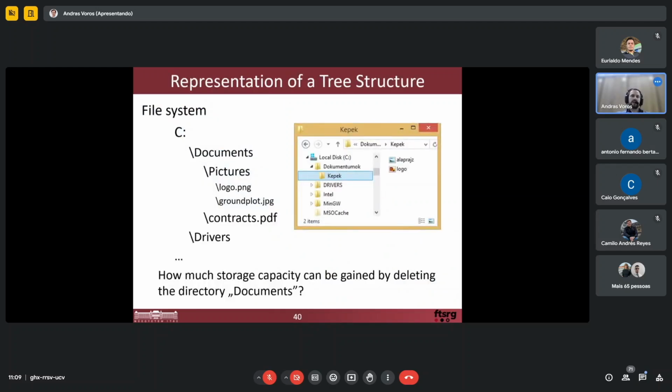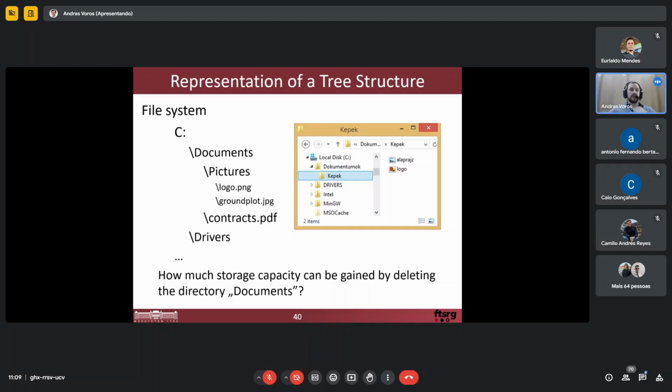And I want to emphasize that this kind of tree structure is quite common in computer engineering. Whenever you are browsing your file system, you will also browse this kind of representation.